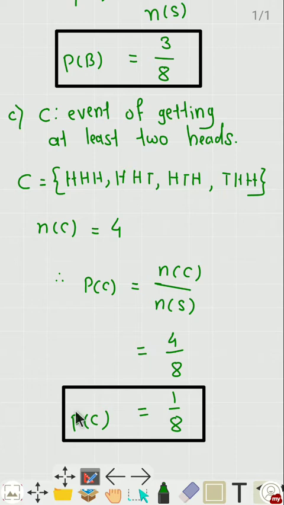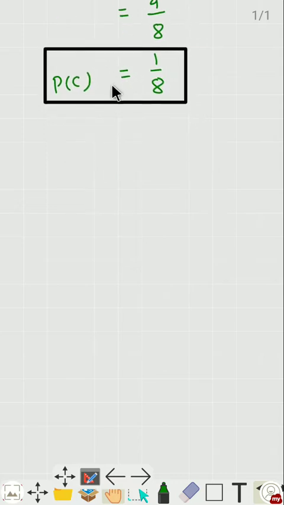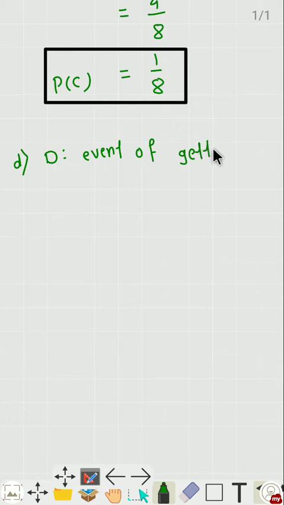Okay, so this is our third case. Now go to the fourth case, D case. D case is a case of getting at most two heads. Let us call D the event of getting at most two heads.